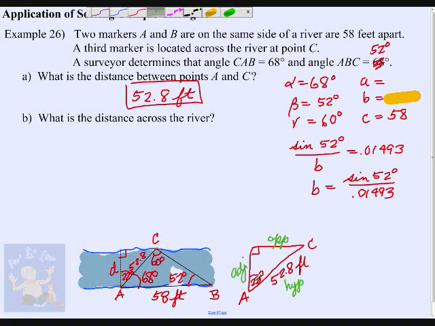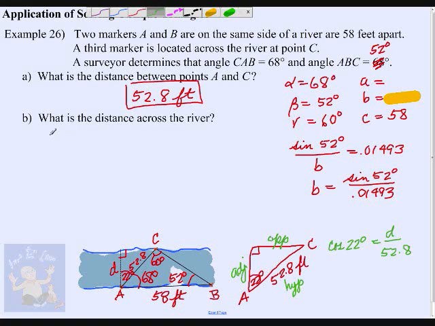And I want to have a calculation that includes the adjacent, and I have the hypotenuse, so clearly I'm going to be interested in using cosine of 22 degrees equal to the adjacent, which is the distance I want, divided by the hypotenuse, 52.8.